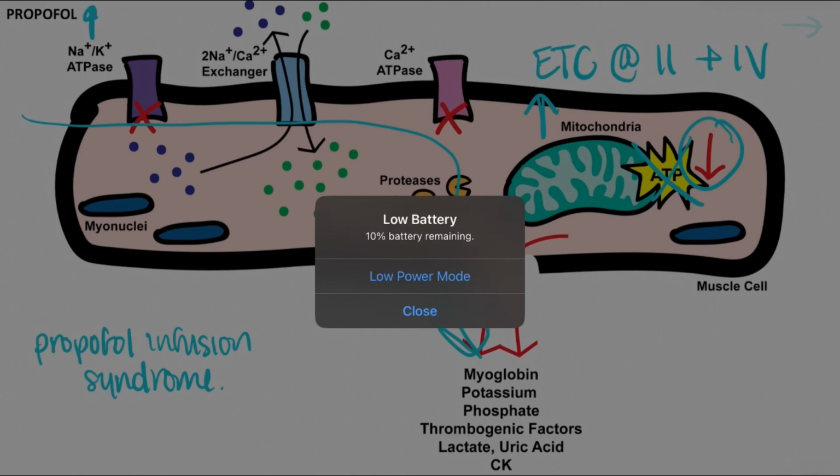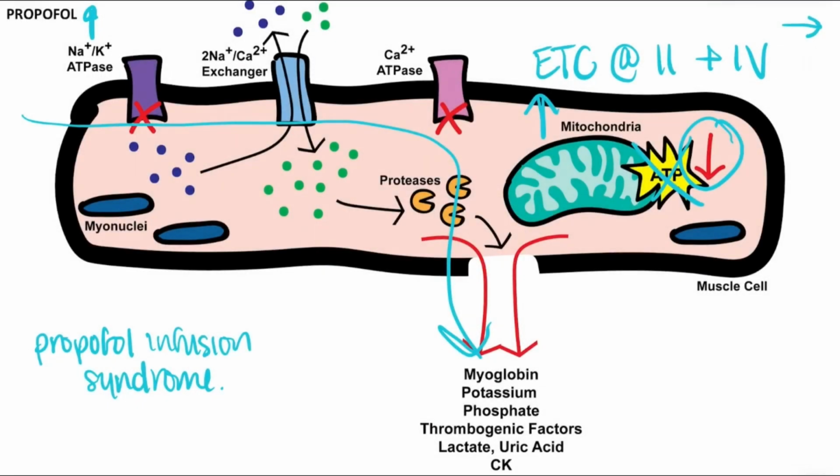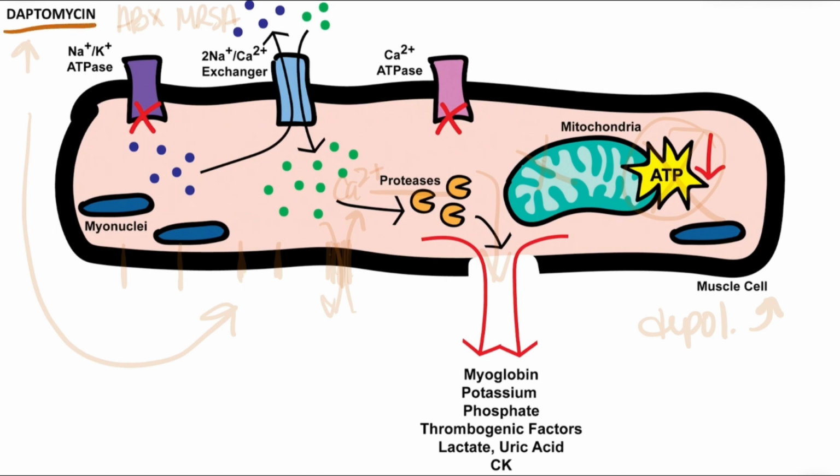So moving on to our very last agent on the next slide, and that is daptomycin. Daptomycin is a lipopeptide antibiotic, and it is used for difficult to treat gram-positive infections like MRSA. And it has a very novel mechanism of action when it comes to being an antibiotic. Daptomycin can actually insert itself in the cell membrane like a usual phospholipid.